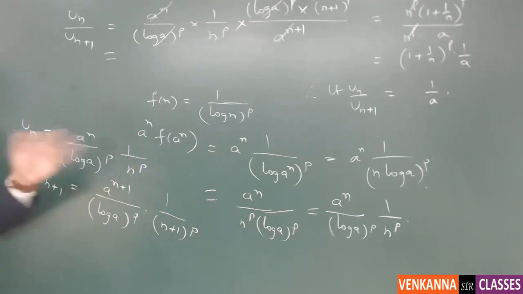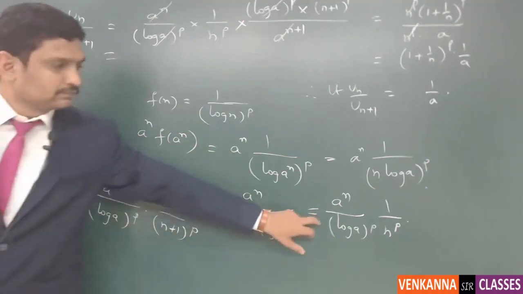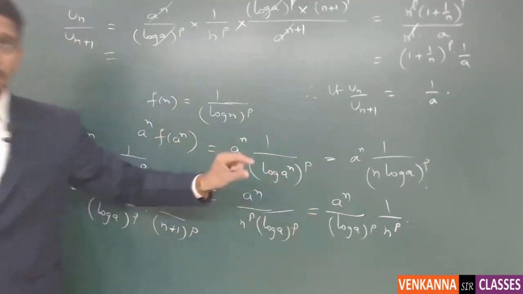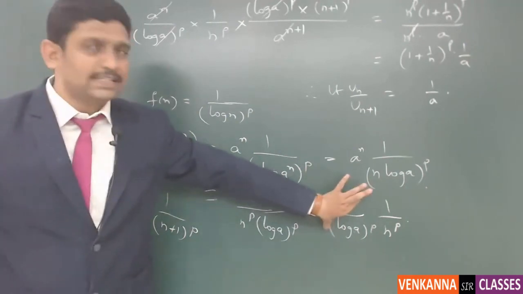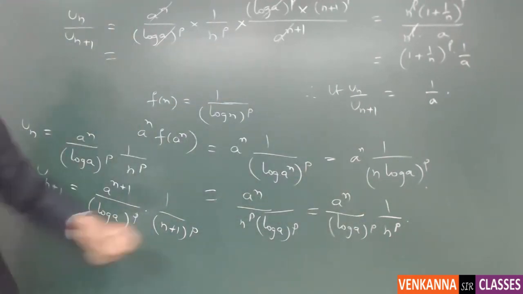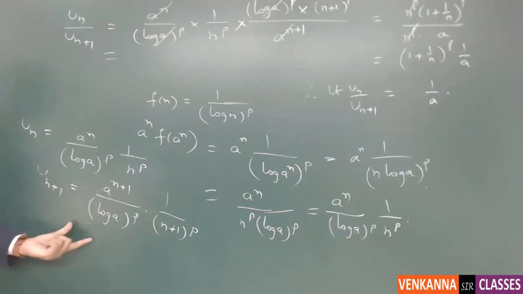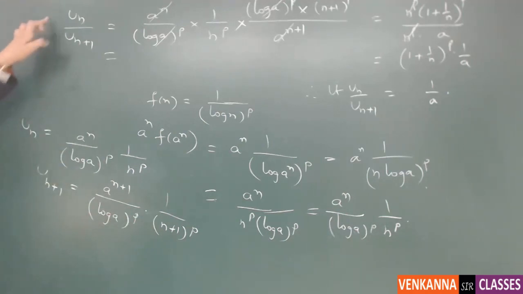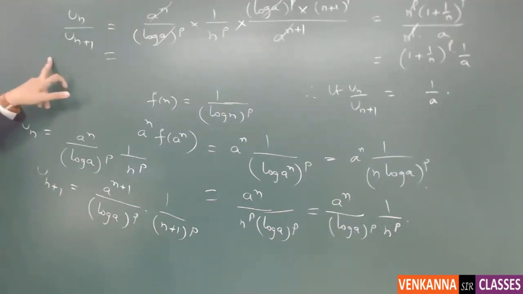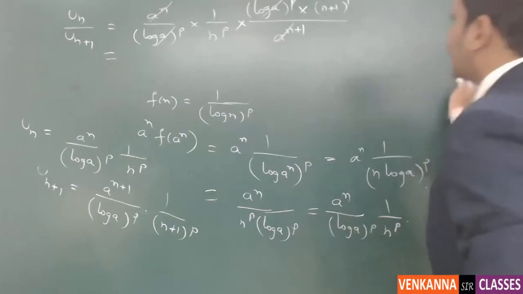Any number you can take, 2, 3, 4, 5. So this is the form. If you are able to say that this series is convergent, then the given series is also convergent. That's why I am taking this part as un, and un plus 1 will be like this. I am calculating un by un plus 1. If you are not clear with the top part, I will write it again.